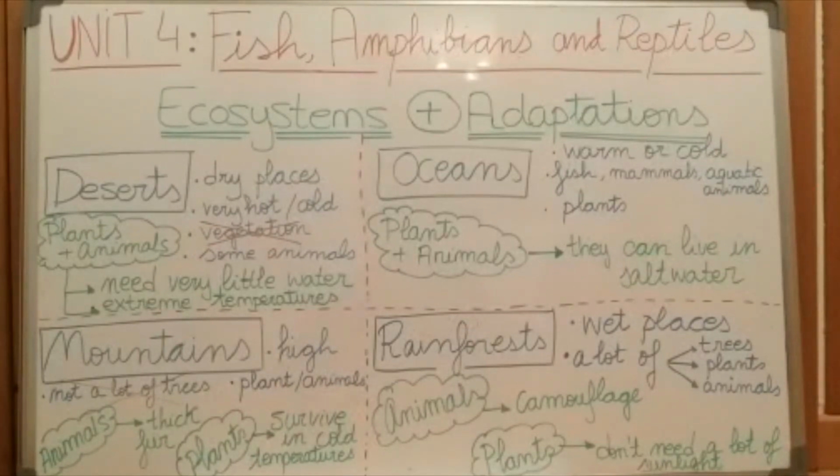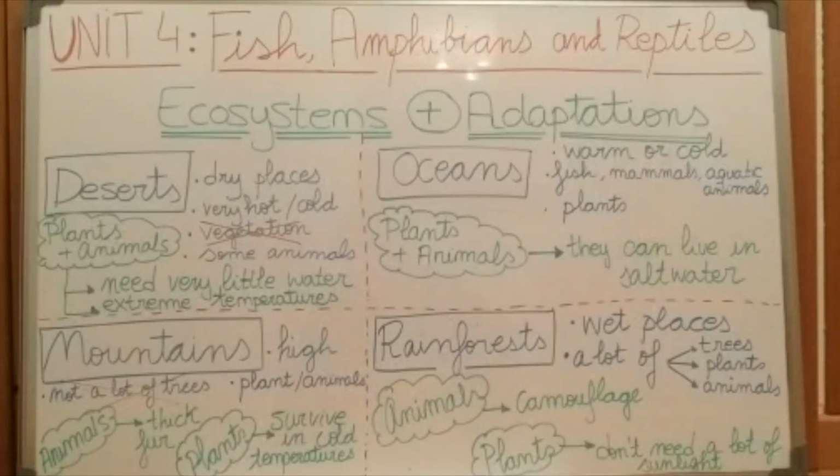All the living and non-living organisms live in one place, and they interact, ellos interactúan, between them. They interact with each other. That's the ecosystem, where all the living organisms and non-living organisms interact with each other in one place.